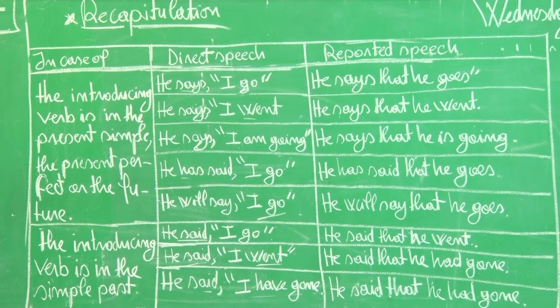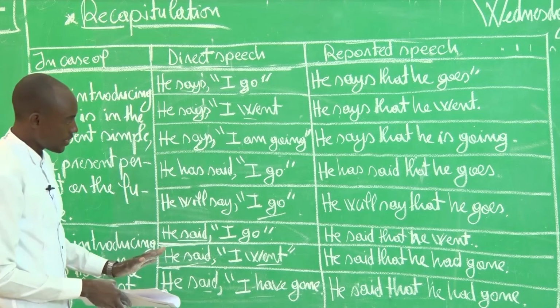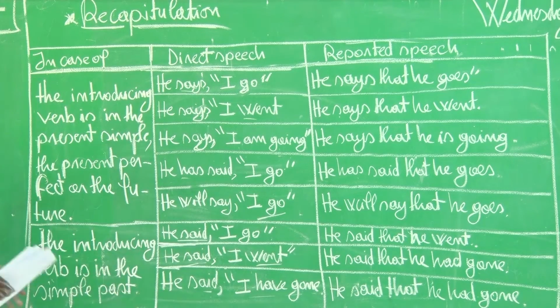Okay, in the case of the introducing verb in the simple past, yes, there is a change in verb tense. He said, I go. He said that he went. The simple present becomes the past simple. He said, I went.